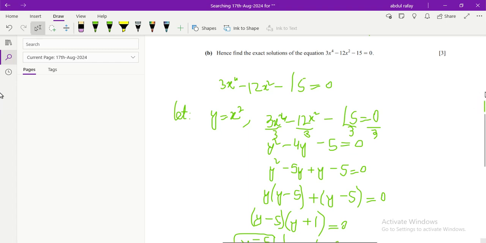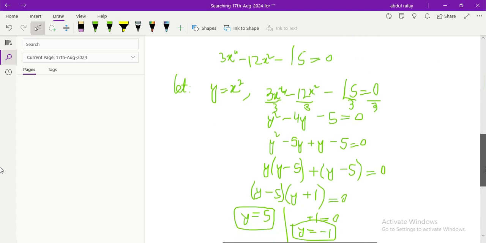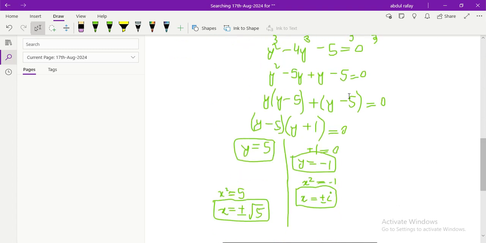After this, we have two terms, you can take y minus 5 as common, and then y plus 1 will be the remaining term, and here we have 0.